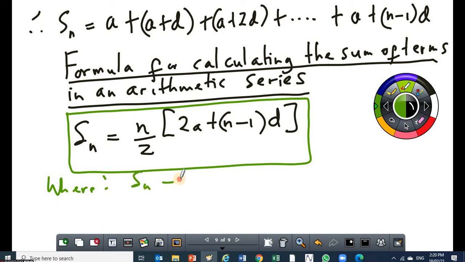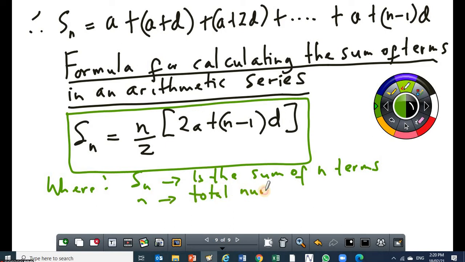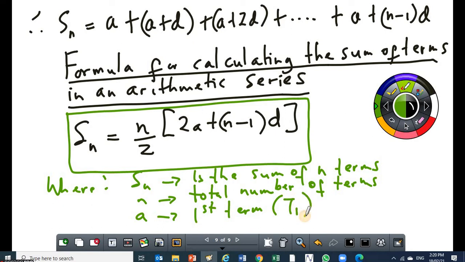Where Sn is the sum of n terms. n is the total number of terms. a is the first term, in brackets T1. And d is the common difference.